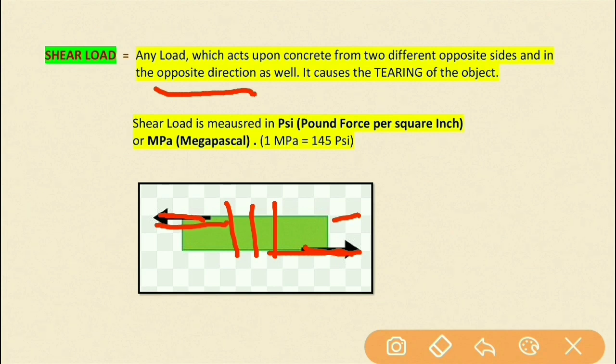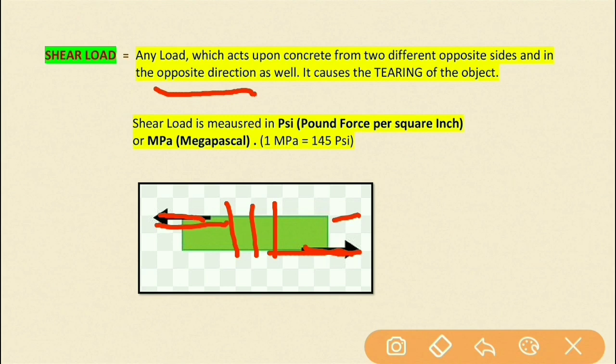So these are the three types of loads or stresses which work upon concrete and damage the concrete, and that's why concrete is built to face these types of stresses: shear load, tensile load, and compressive load. Concrete is very good in bearing the compressive load, but not very good in tensile load.